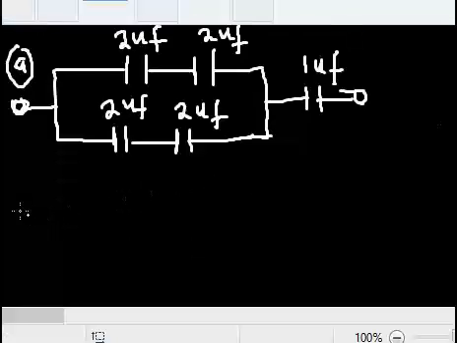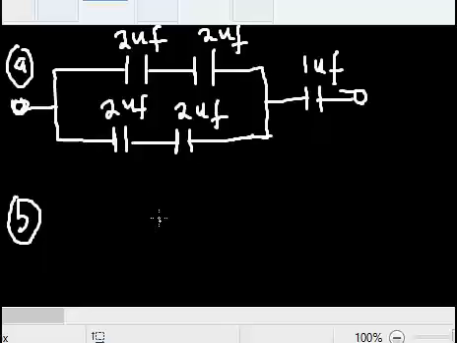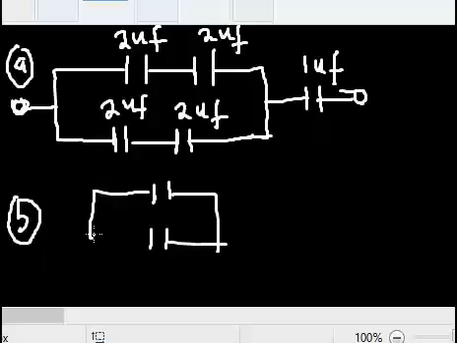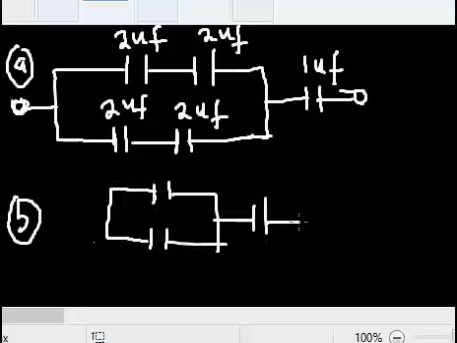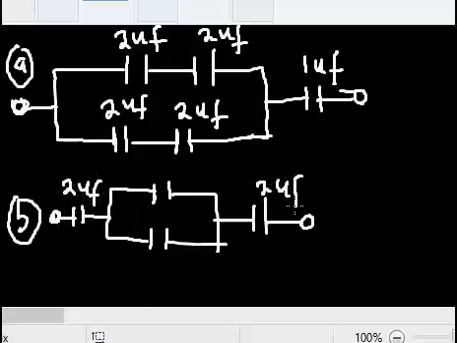This is A, let me look at another one, B. So let's say you are given this: 2 microfarad, 2 microfarad, 1 microfarad, 1 microfarad.